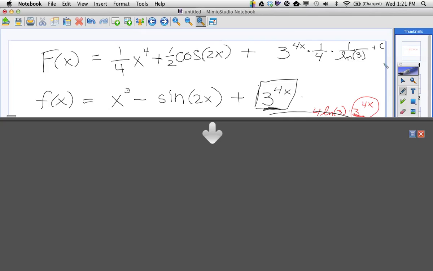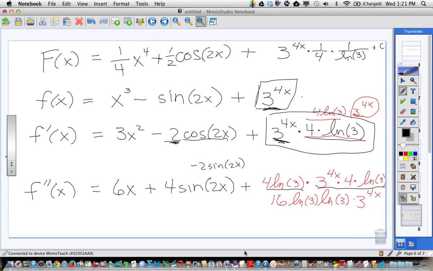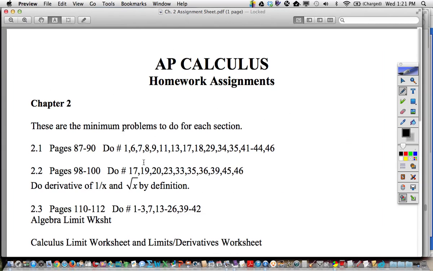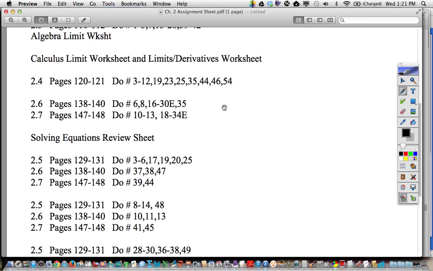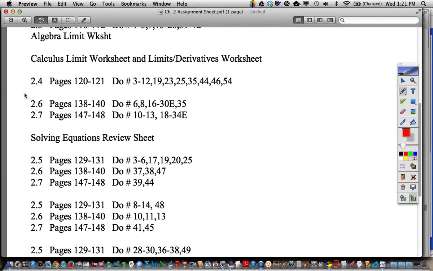Okay? All right, on this next quiz, there'll be a little bit with this antiderivative idea, but not a lot. The main focus will be the derivative one. So for your homework, for tomorrow, you have the rest of the time to work on this, on your assignment sheet, everything else.